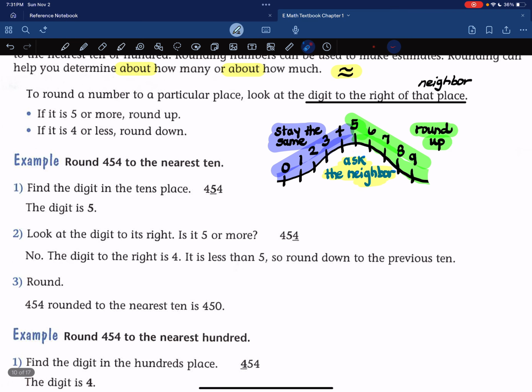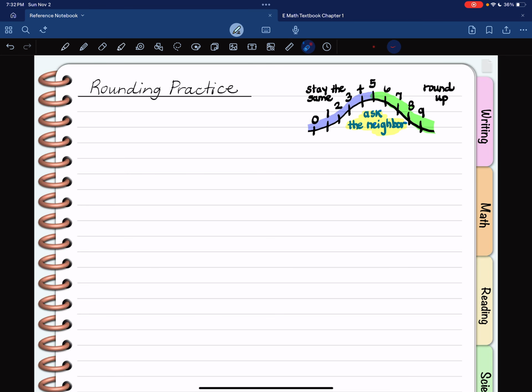Okay, the first example, round 454 to the nearest 10. Now I'm going to go to that page we set up and I'm going to put that example in here. Round 454 to the nearest 10.